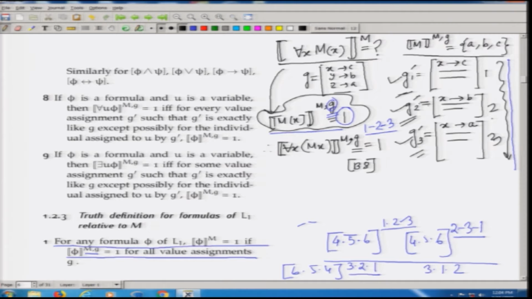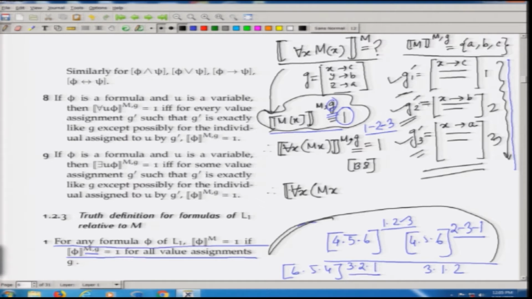But this need not be the only order, we could have done it in another order. It could be x takes b first, then x takes c, and then x takes a. It could be anything, but since we know that just by checking one direction we have checked all directions, now we can say therefore all x mx with respect to m is 1.